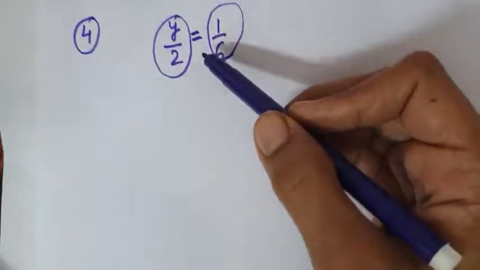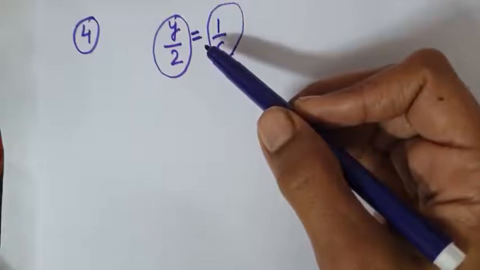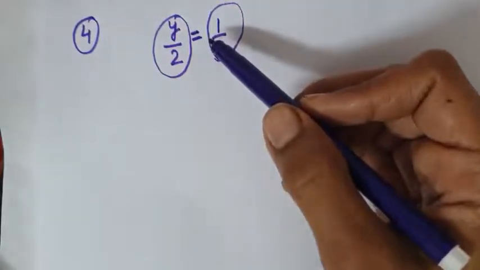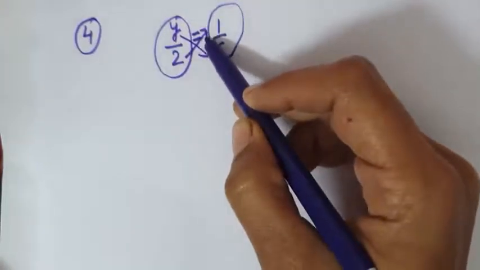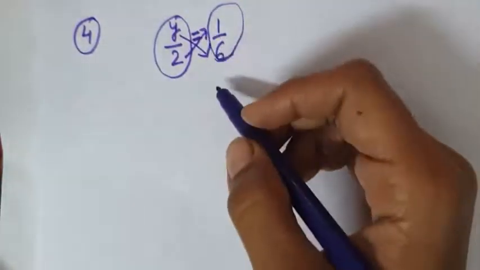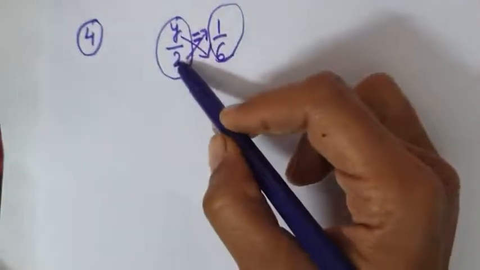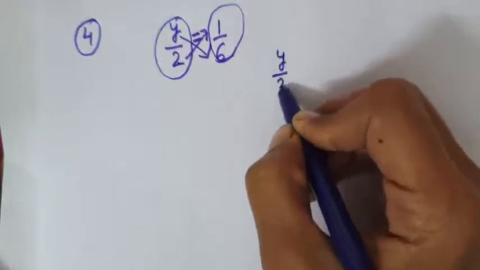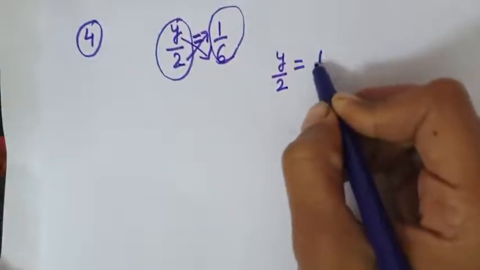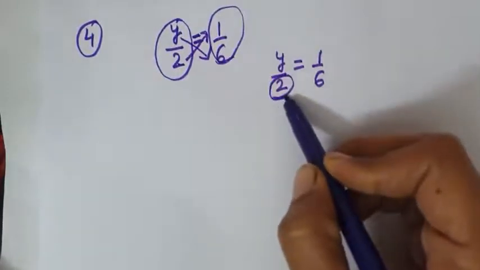The first step, what we will do? We will do the cross multiplication like this or like this. Or students, you can also say this 2 is getting divided here. Let us do by this method only. This 2 is getting divided here.